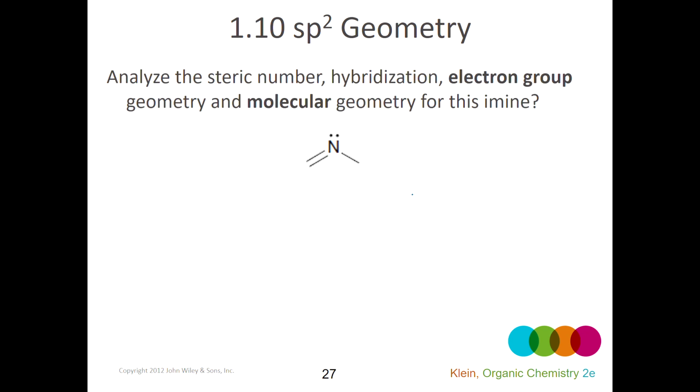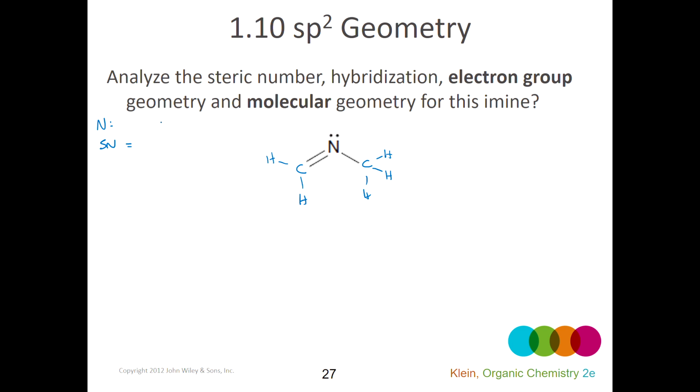This molecule isn't finished. So let's say I've got a carbon here and a carbon here. So what's the molecular geometry of the nitrogen? Well, let's start by calculating the steric number. So we'll do the nitrogen here. The steric number is equal to the number of sigma bonds plus the number of lone pairs.